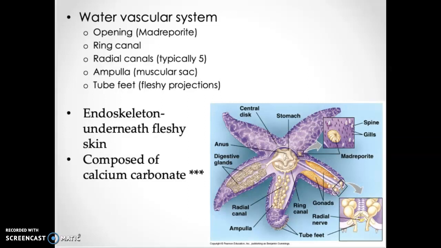All the things we talked about in protostomes, that calcium was part of their body. And now for all of the echinoderms, calcium and calcium carbonate is a big part of their body. It's a huge issue. That's why I keep coming back to calcium carbonate.